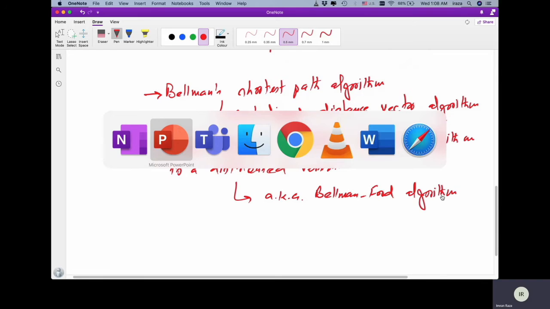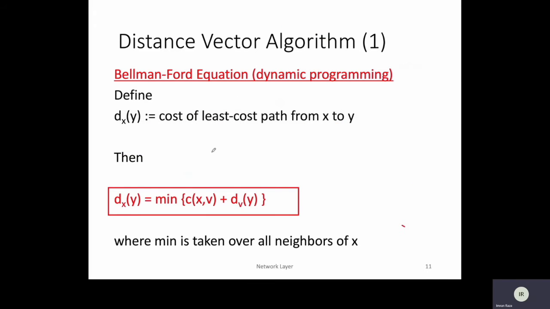So coming back to the Bellman-Ford algorithm, we now know that it is based on dynamic programming, where we divide a problem into subproblems and then try to find an optimal solution of the problem. In this example, we'll try to find the shortest, the best path to reach from source to destination. Here we have some notations that we need to understand before discussing Bellman-Ford's algorithm in detail.